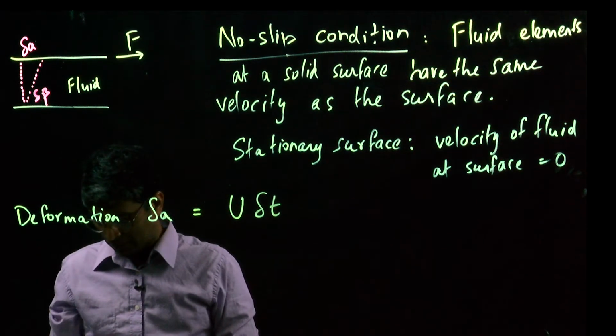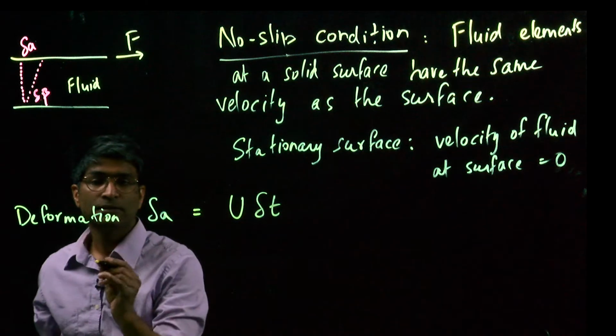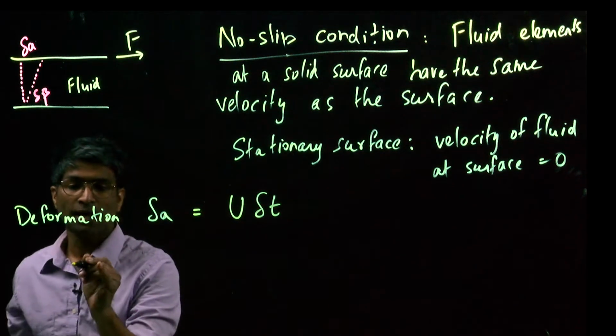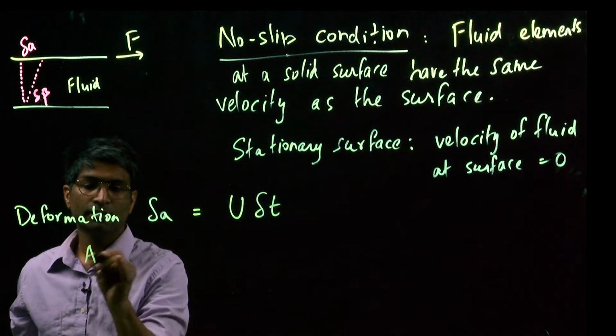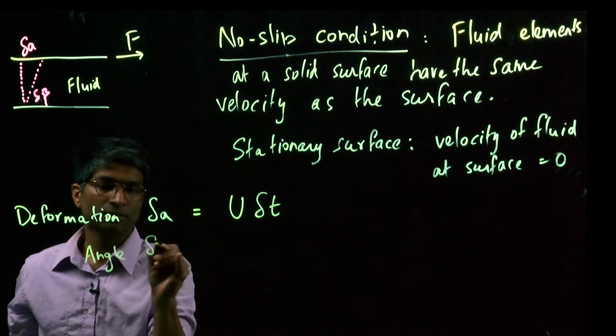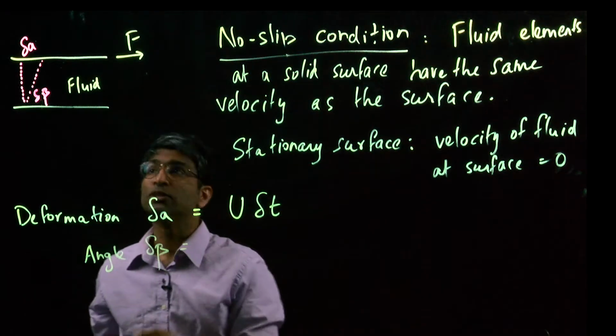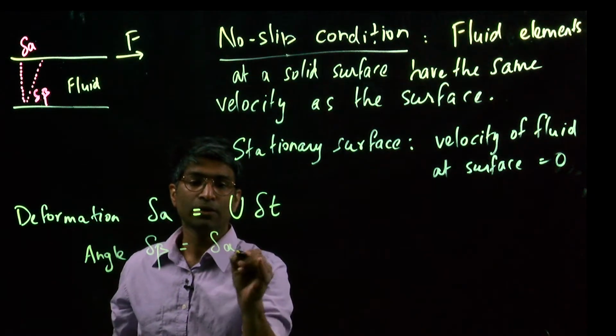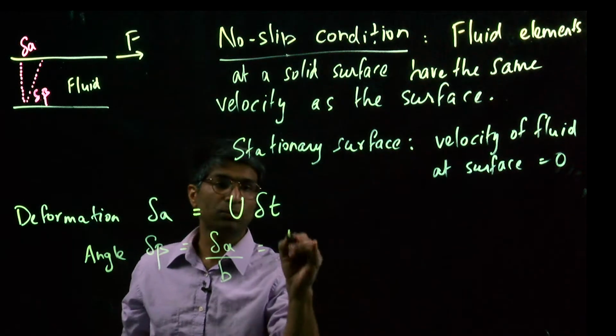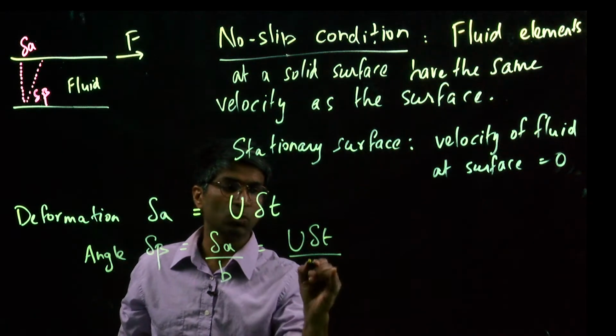And the angle, strictly speaking, the angle would be delta beta, which is delta A over b. That would be u delta t over b.